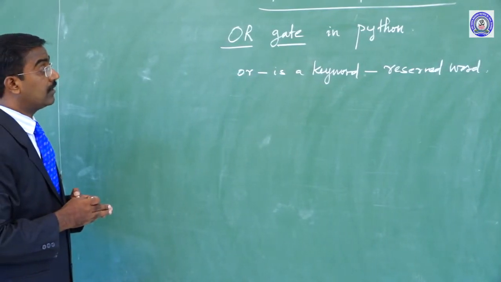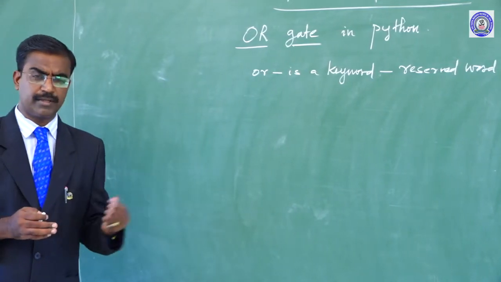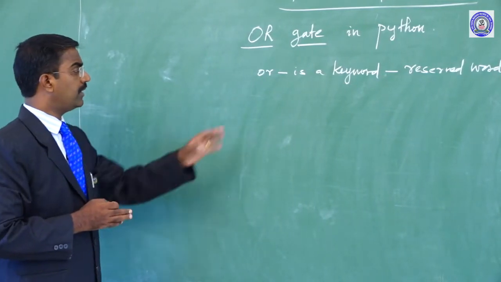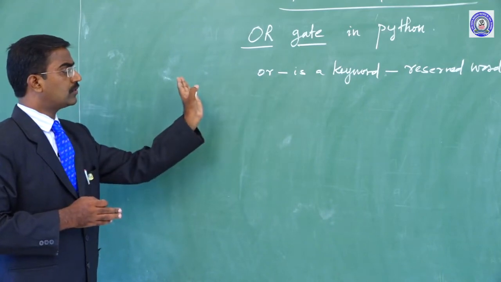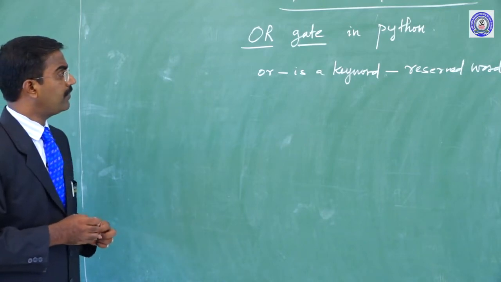Same thing as the addition of two numbers or subtraction of two numbers, but here in OR, some choices are given. How can we do this operation?